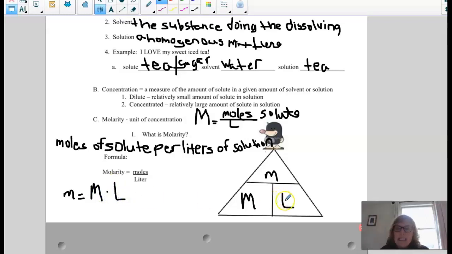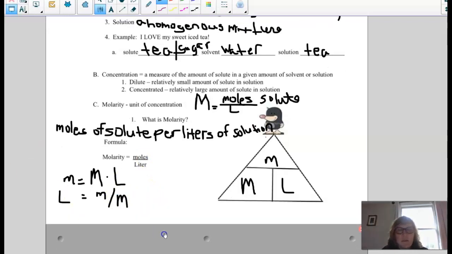If I want to find the liters of a solution, I take moles over molarity. So those are 3 different ways to use this equation.